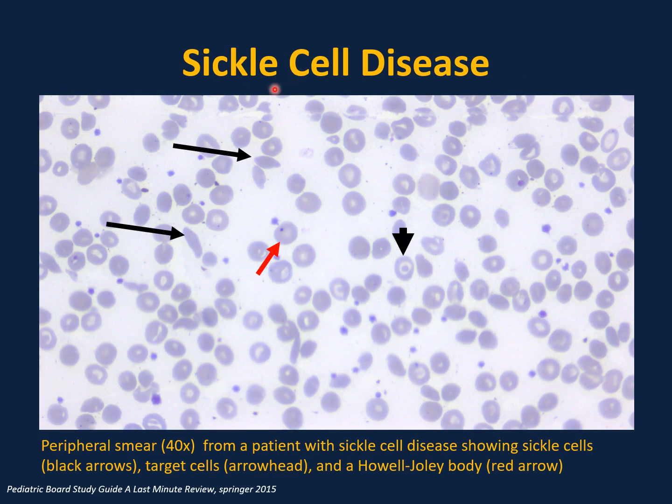This is a peripheral smear for a child with sickle cell disease. As you see here, there are abnormally shaped red blood cells, needle-like or banana-like structures, and also red blood cells with Howell-Jolly bodies, which are these blue dots in the periphery. Most red blood cells are released from the bone marrow with no nucleus, but some of them have a remnant of the nucleus, and the spleen will be able to clean that.